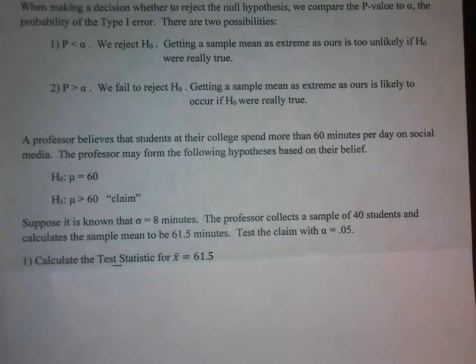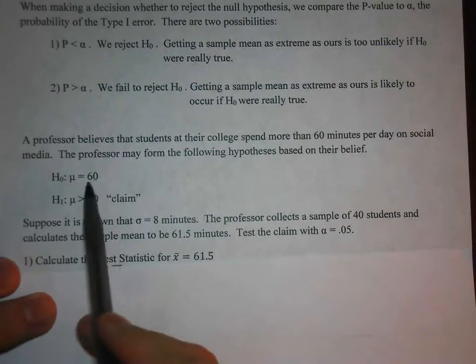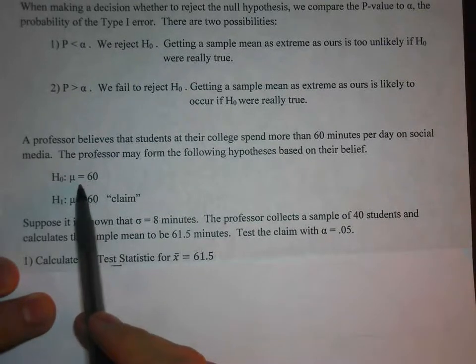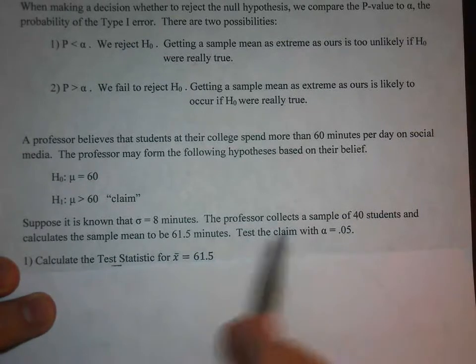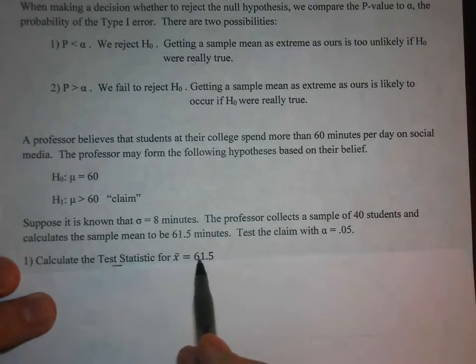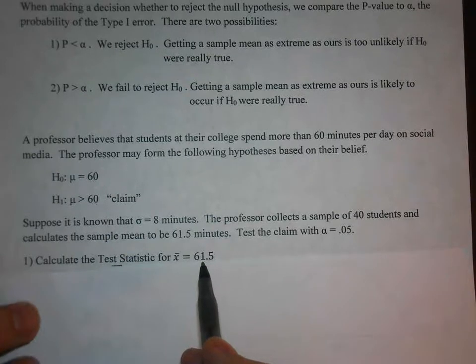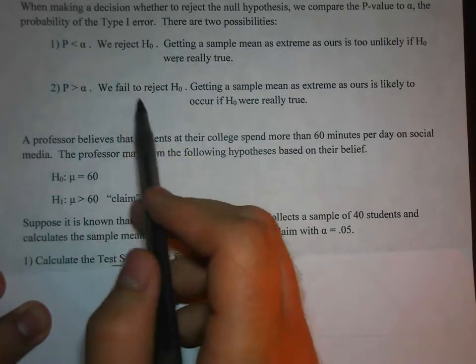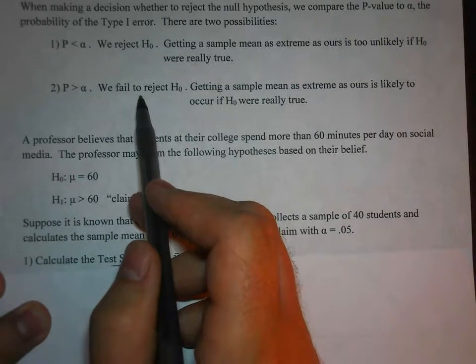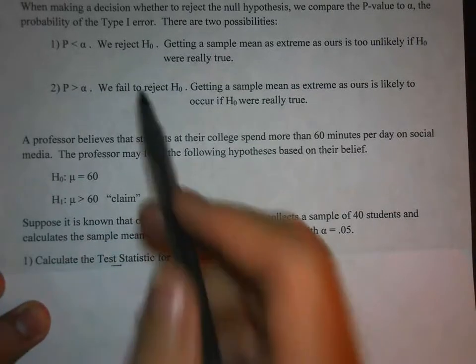Essentially what we're looking at here is, if the mean really is 60 minutes, so if we assume that to be true, then is producing a sample mean of 61.5 when you choose 40 students, is that unusual or not? If it is unusual, then we would reject H0. If it's not unusual, we fail to reject H0. That's the basic idea here.